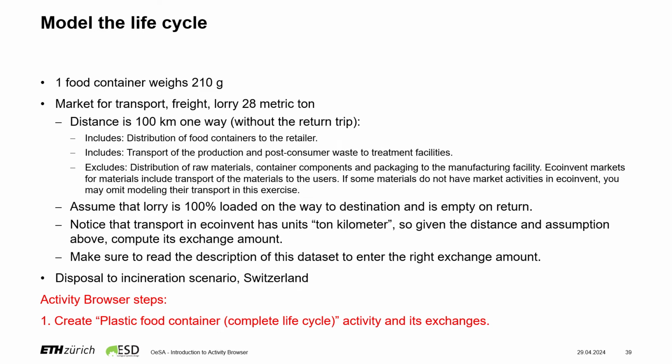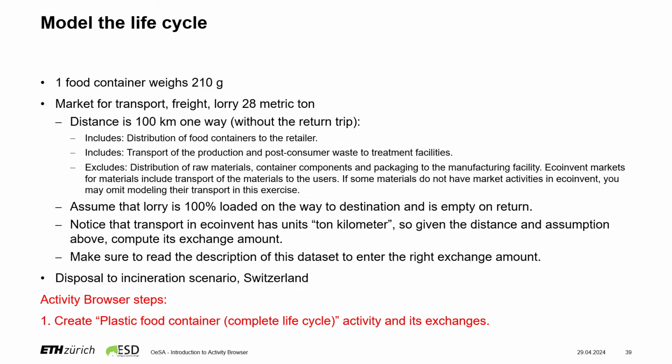The transport has units of ton kilometer, which means that you would need to convert the units correctly. So take a look at the transport dataset, see exactly what it needs, and calculate the amount of this exchange. And also afterwards add a disposal to incineration scenario for Switzerland.